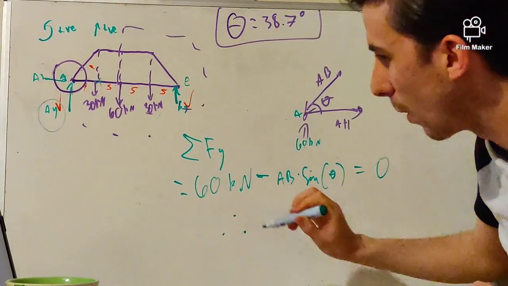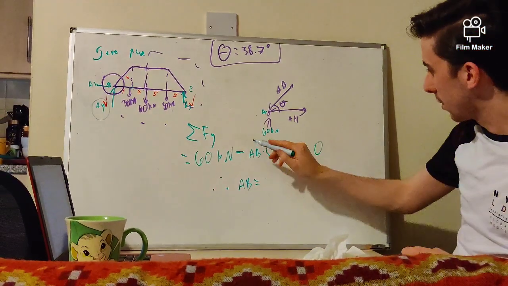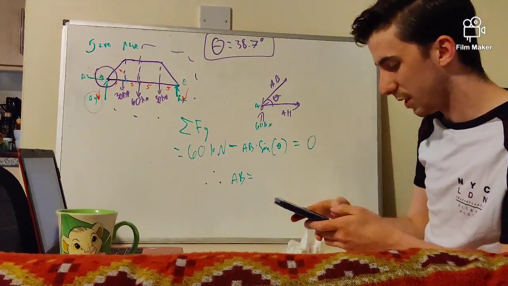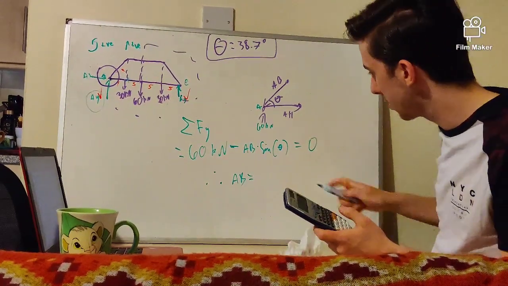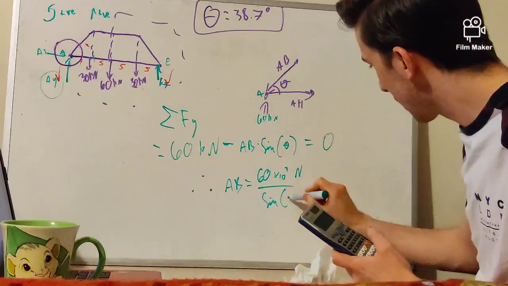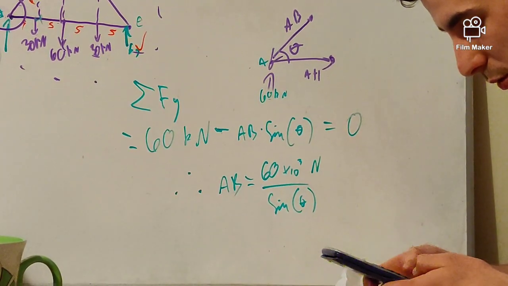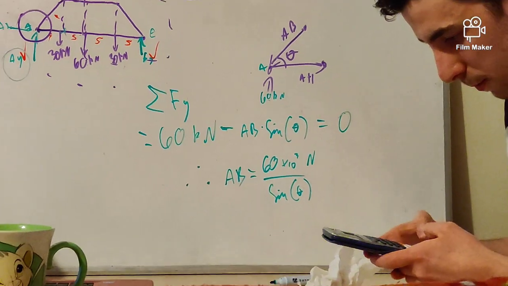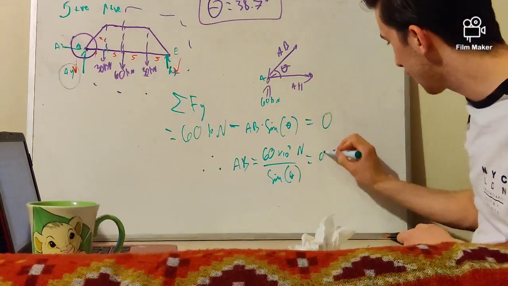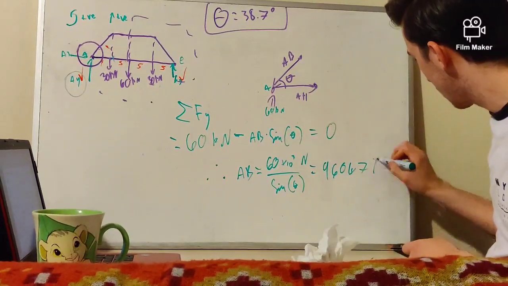So therefore, we can work out that AB equals, well, it's going to be 60 divided by sine of theta. I should probably write that down: 60 times 10 to the 3 newtons over sine of theta is 96,000, which is 96,047 newtons.